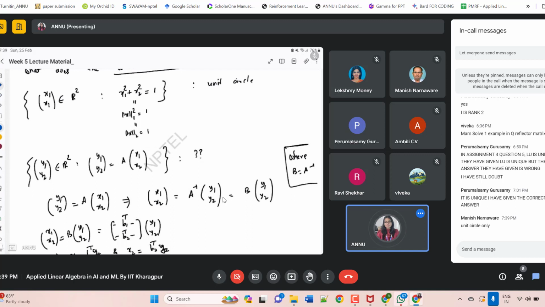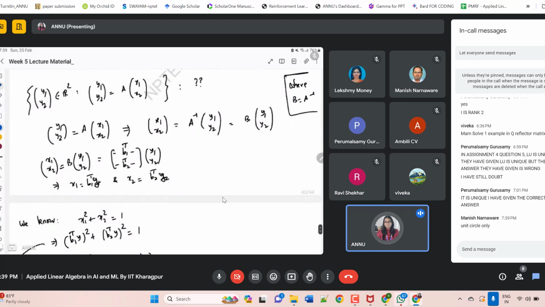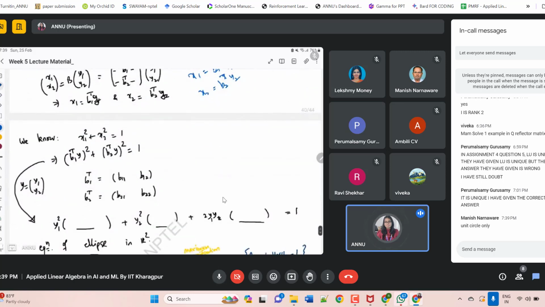So x1 x2 you can write as A inverse of y1 y2. Let's represent A inverse as B. B you can write with rows b1 transpose and b2 transpose, so x1 is equal to b1 transpose y and x2 is equal to b2 transpose y. We know that x1 square plus x2 square is equal to 1.